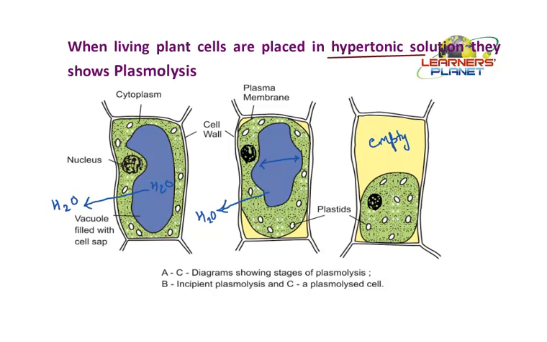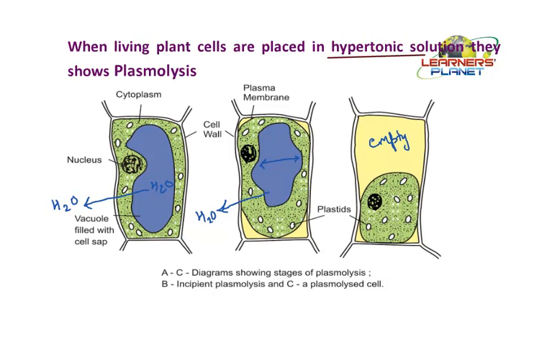The material has shrunk over there, along with the plasma membrane. The vacuole has no more water, or it will vanish. Such a condition will arise when the cells are placed in the hypertonic solution.